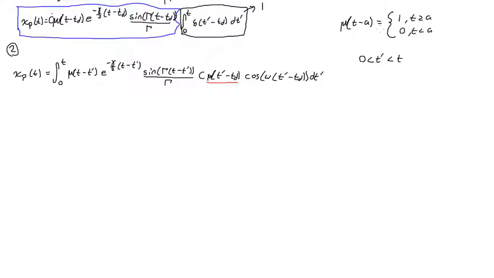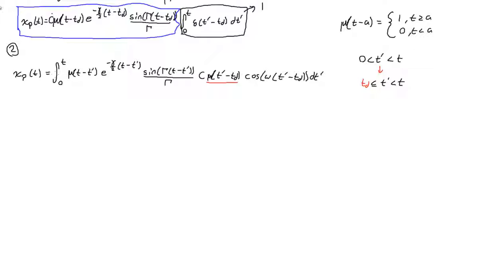So basically, t prime has to be greater than t sub d. What that means is that first unit step function changes the boundaries of integration to be t sub d, and then we can include an equals here now.